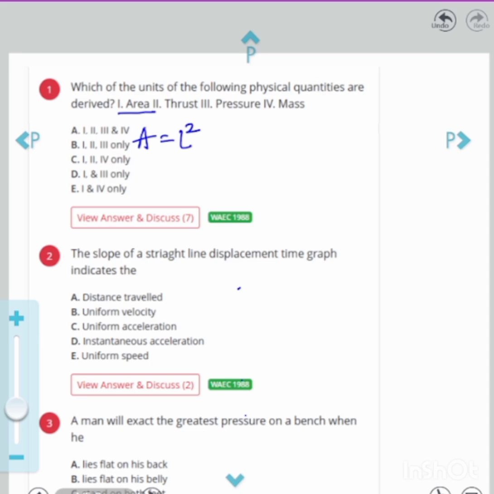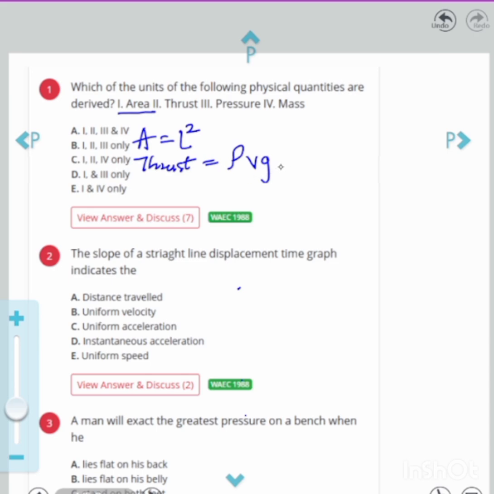So we also have thrust. I would like to put it to you that thrust is a kind of force, and if you attended secondary school, you must have been taught a kind of force which we call the upthrust. The formula is given by density times volume times acceleration due to gravity. I think you already know that this is the formula for upthrust.